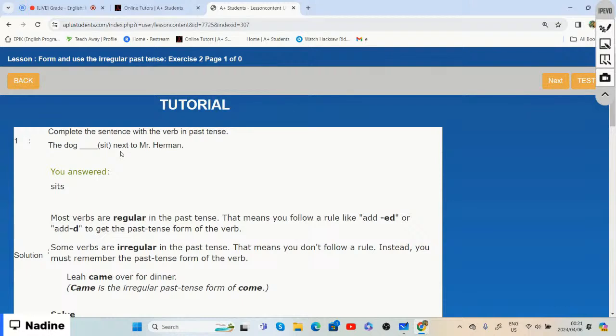So the dog sit next to Mr. Herman. You need to change the word sit. What is the past tense of sit?